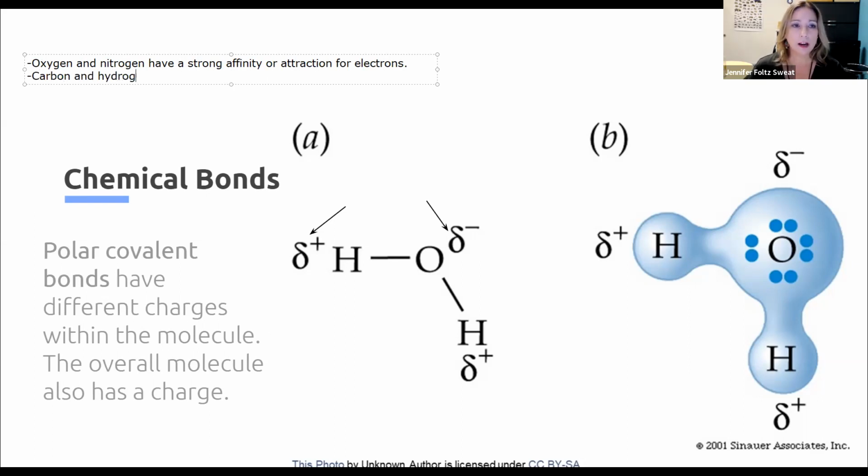Carbon and hydrogen have a weak affinity or attraction for electrons. Therefore, anytime you have a bond between oxygen or nitrogen and carbon or hydrogen, it is polar covalent.